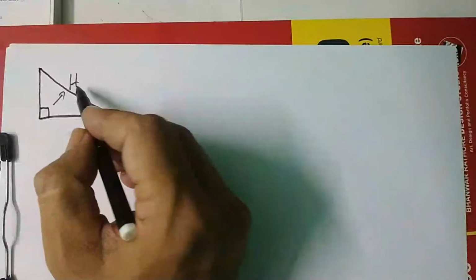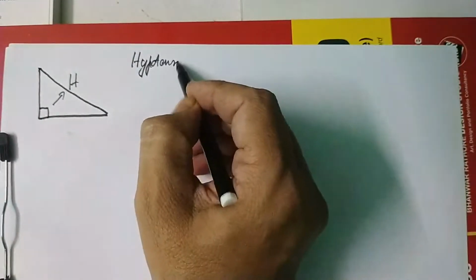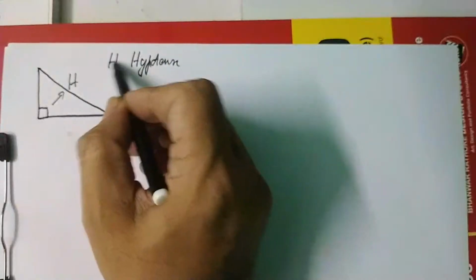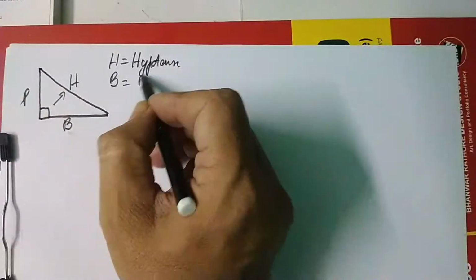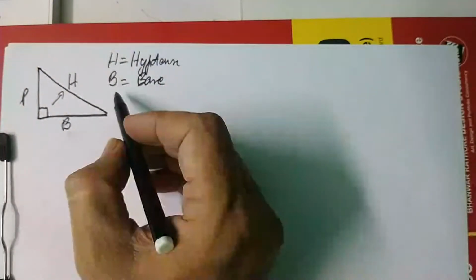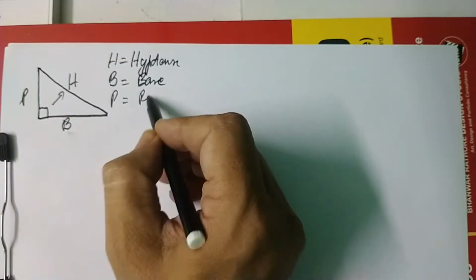I am calling the hypotenuse h. So h means the hypotenuse, b is the base, and p is the perpendicular. You just listen and see, and later on you can revise the questions.